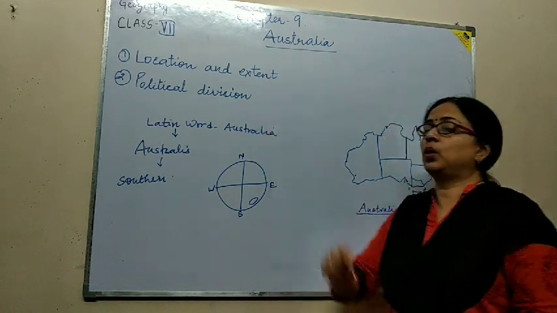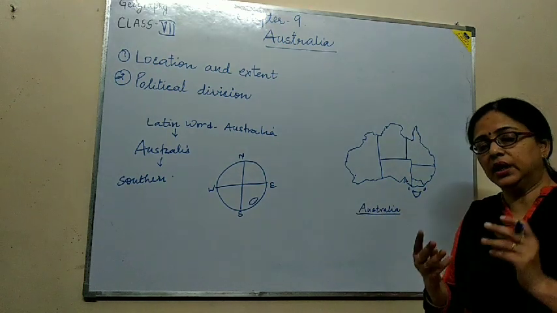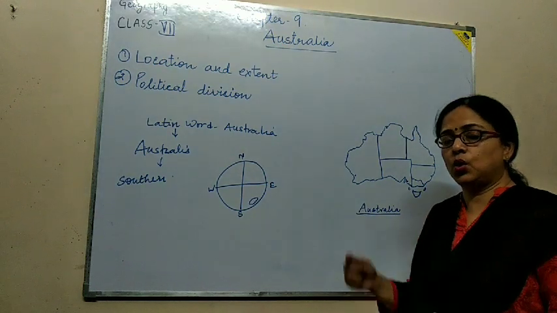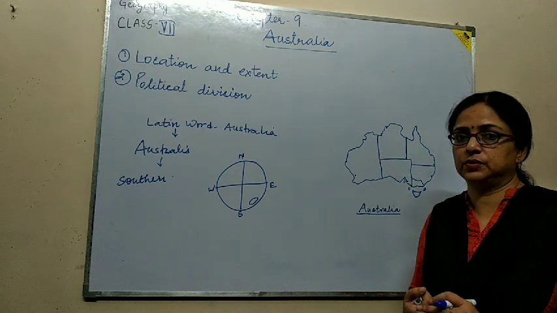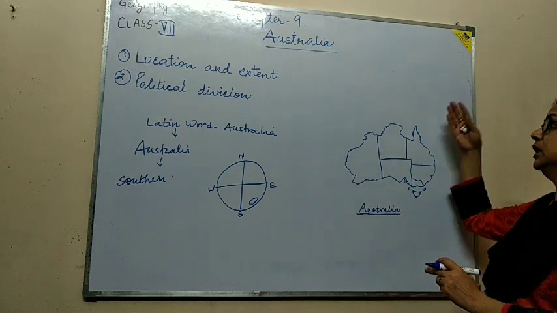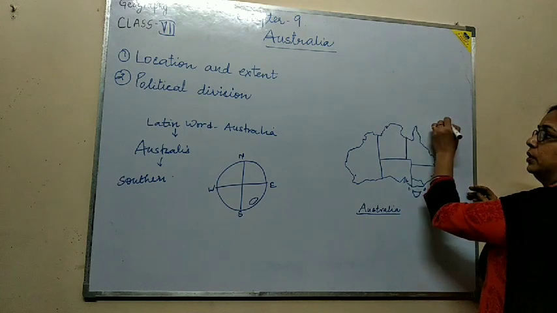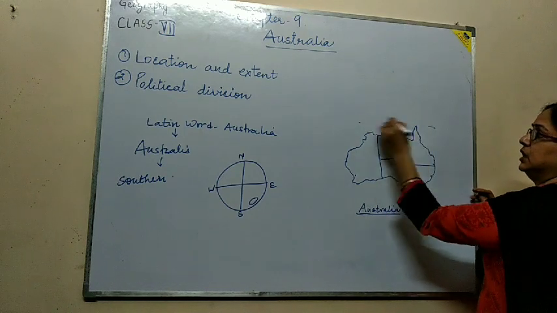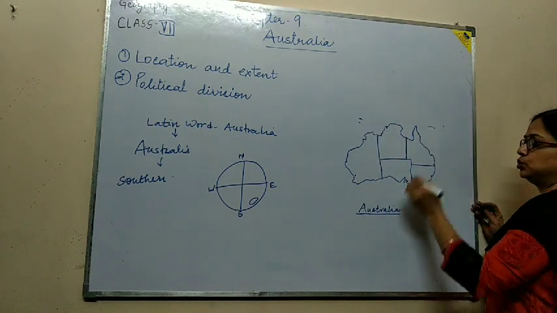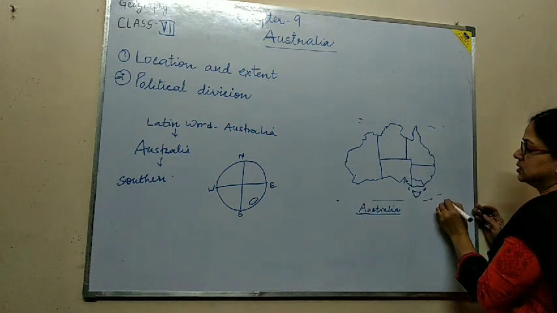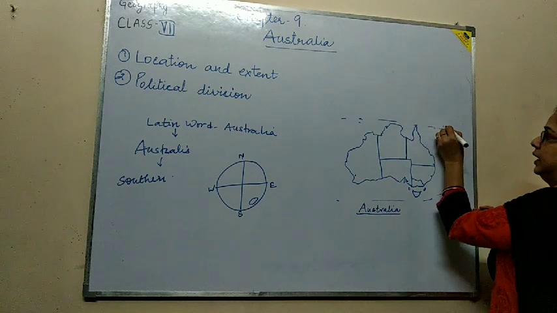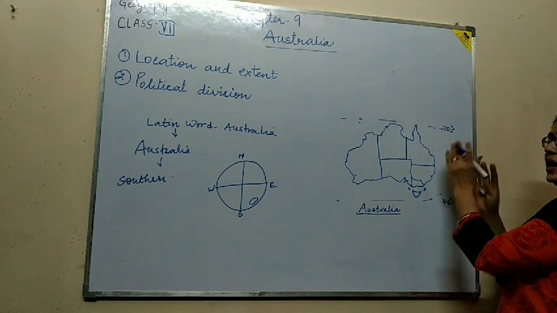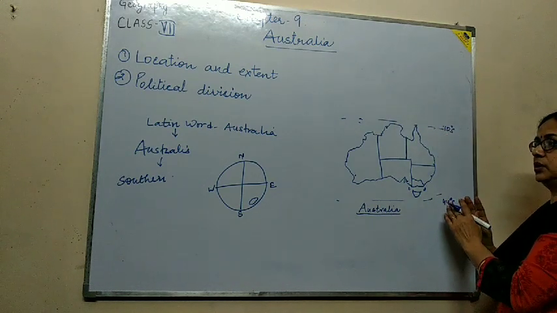Now, when we talk about the extent, the longitudinal and the latitudinal extent: latitudinally it lies from 10 degree south to 44 degree south, in the southern hemisphere.